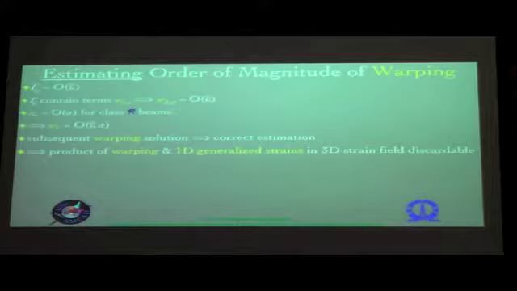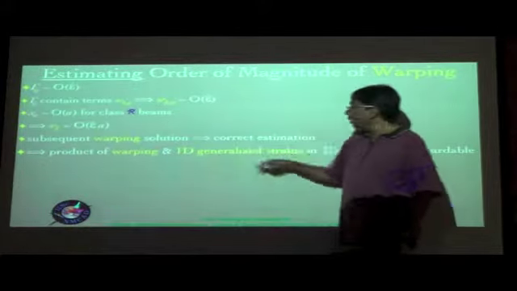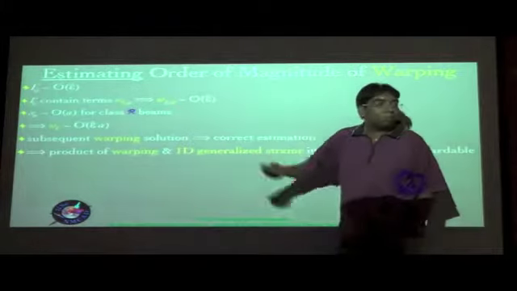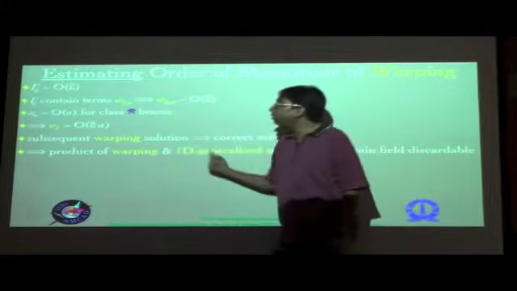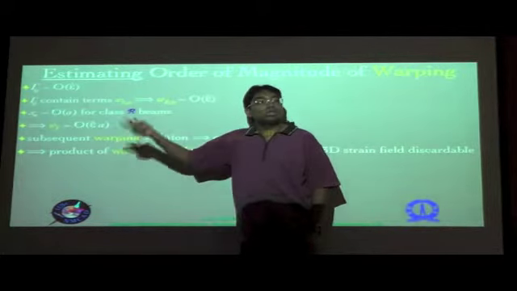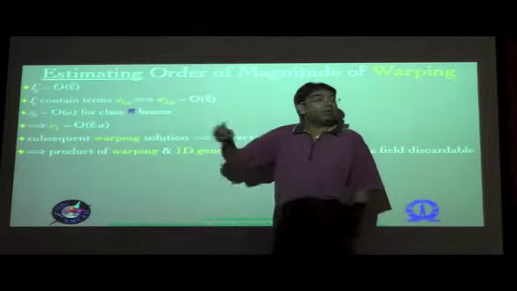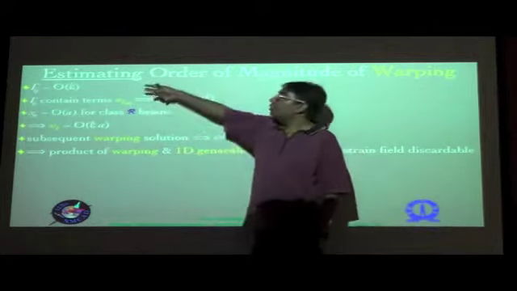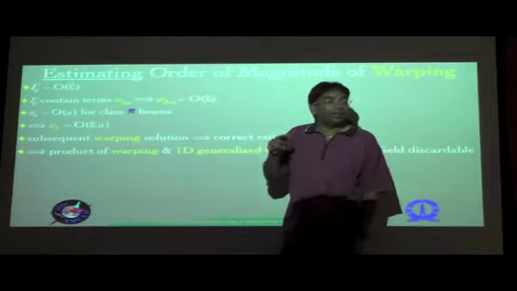Now it's quite clear that if warping itself is of the order of epsilon hat A and the 1D generalized strains, when appropriately non-dimensionalized, are of the order of epsilon hat, the product of them will become epsilon hat squared times A, and of course the appropriate derivative will be there. Therefore it will typically be of the order of epsilon hat squared contribution to the gamma ij, and so you would see that those can be neglected as well.